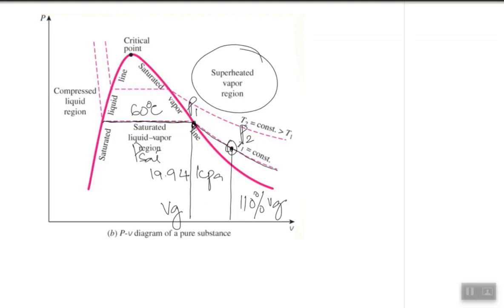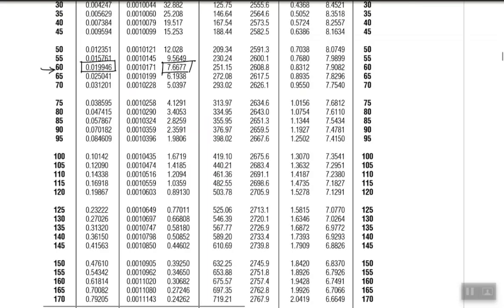First things first, let's find the different volumes now. In our steam table, at a temperature of 60 degrees centigrade, we have a volume Vg equal to 7.6677. That's what is written.